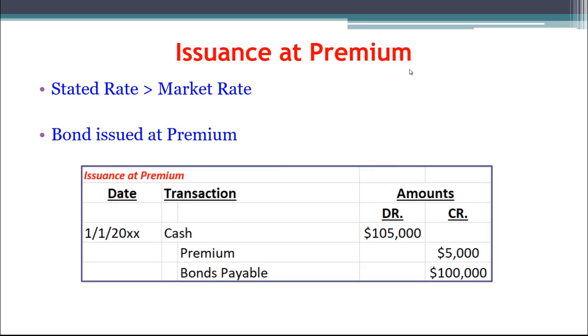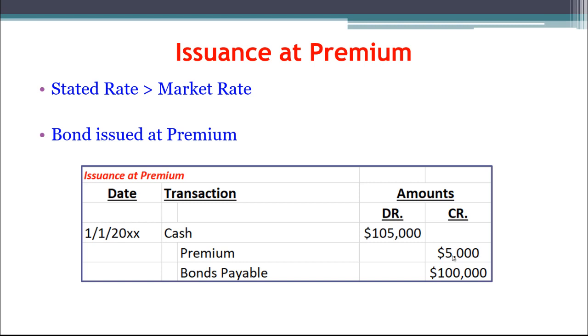Now let's say we are issuing this at a premium instead. We're paying more with a stated rate than everybody else is paying on average through the market rate. Still the same $100,000 credit to bonds payable, but now we're getting more on the cash side, $105,000 instead.